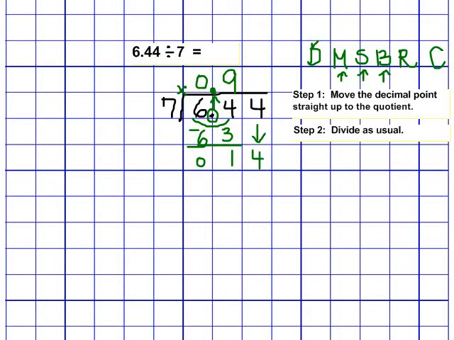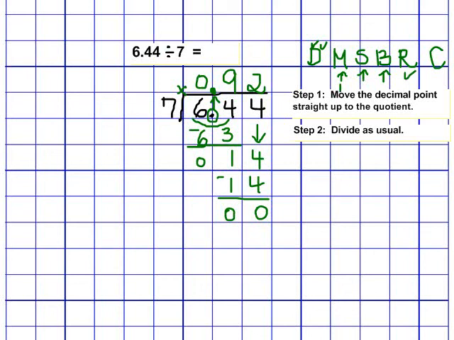Now 7 goes into 14, so I'm back to Dad again, 2 times. Now Mom, 2 times 7 is 14. Sister reminds me that I need to subtract. 4 take away 4 is 0. 1 take away 1 is 0. I have nothing else to bring down, and I have no remainders.